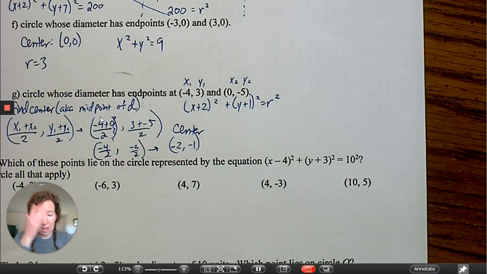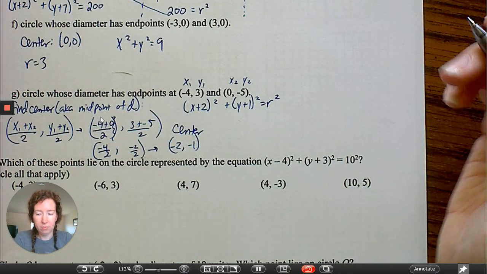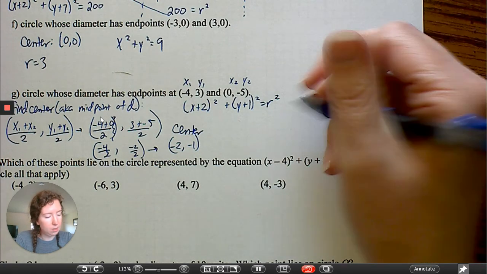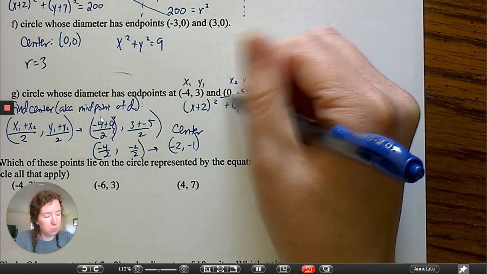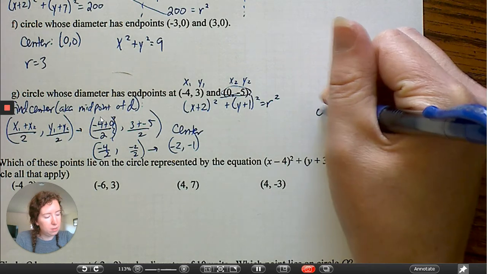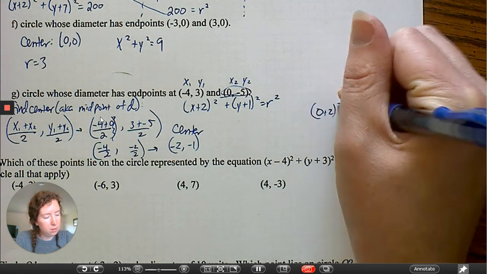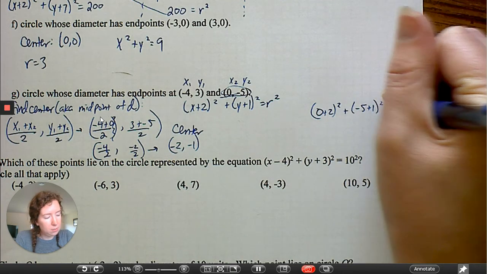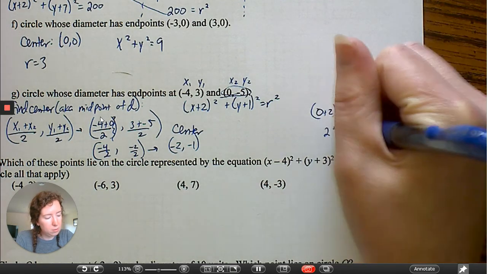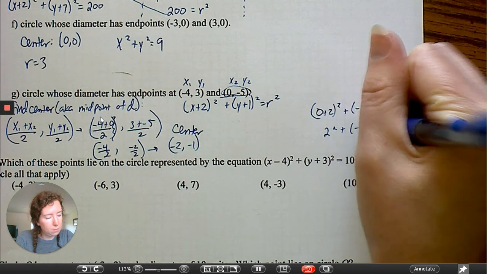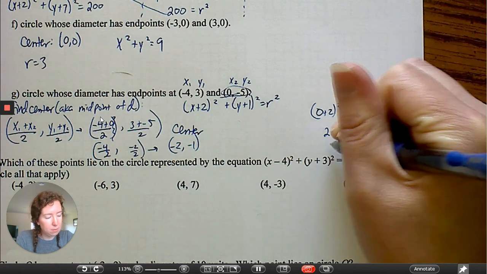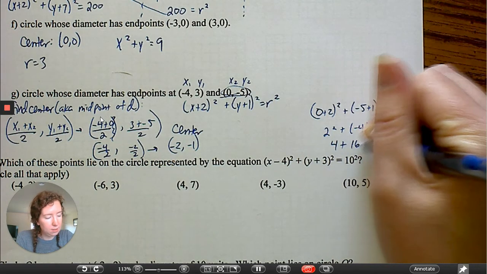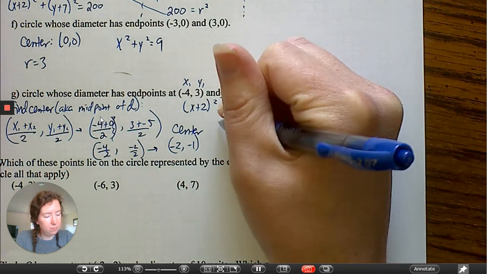If I wanted to do it by algebra, I would say, let's plug this point in, why not? So 0 plus 2 squared plus -5 plus 1 squared equals r squared. So 2 squared plus -4 squared, same problem, 4 plus 16 equals r squared.